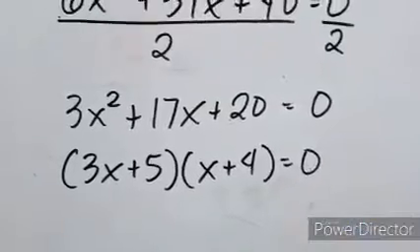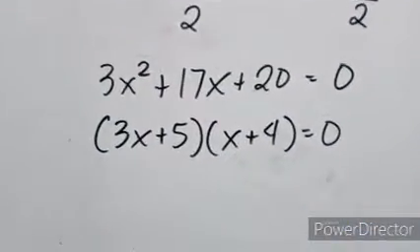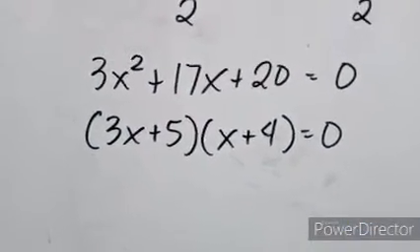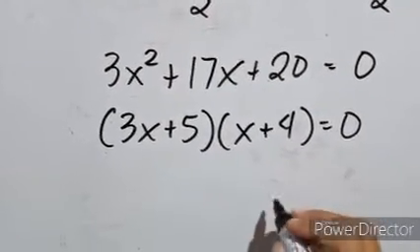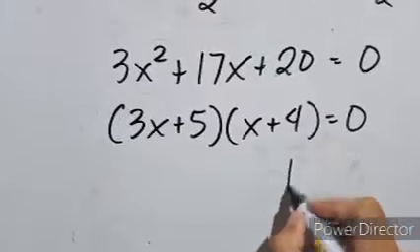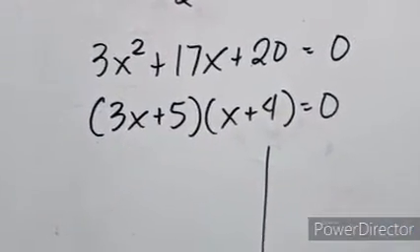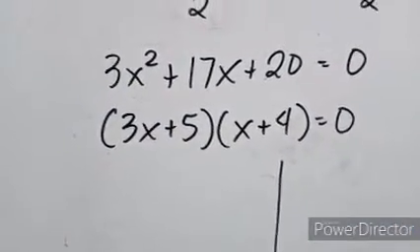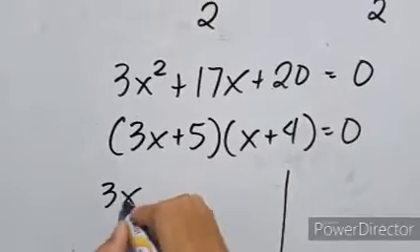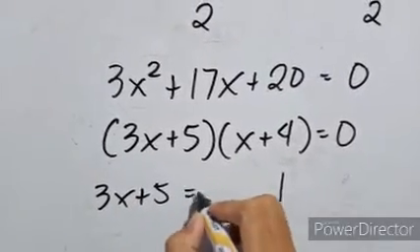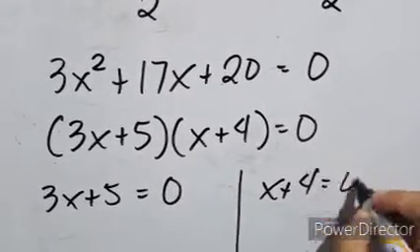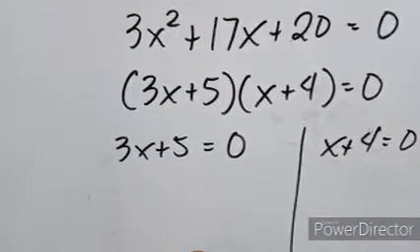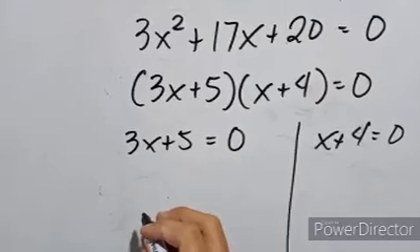So, ganun ulit. Kung gusto nyo makita yung sa factoring, meron naman tayong separate video, pero ilagay ko na lang sa link siguro. So ngayon, separate natin. 3x plus 5 is equal to 0. X plus 4 is equal to 0.